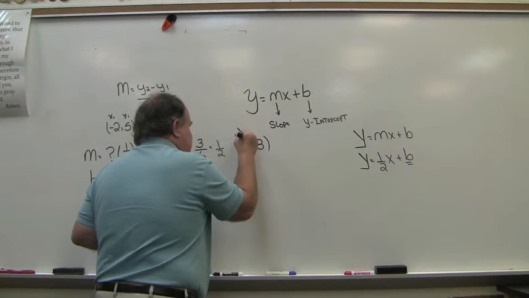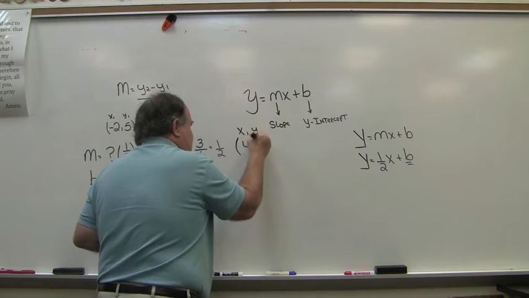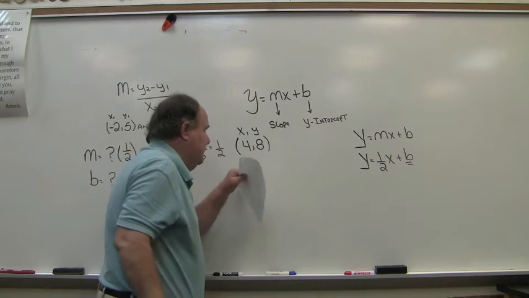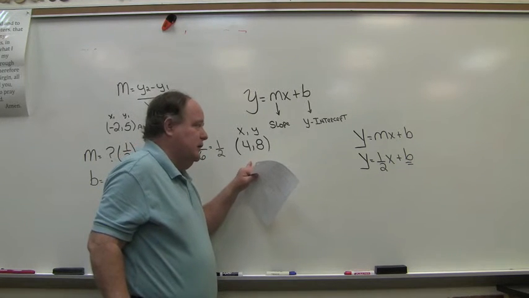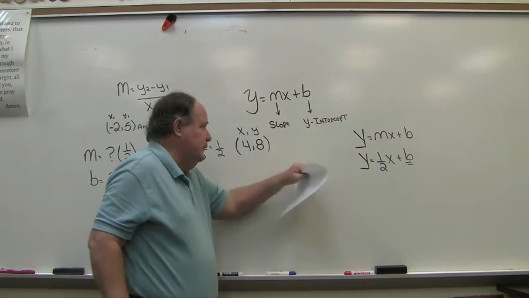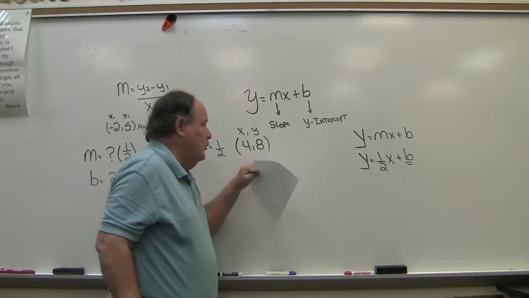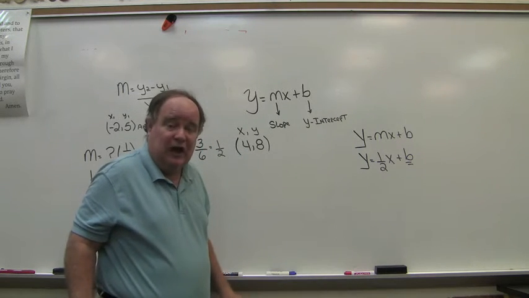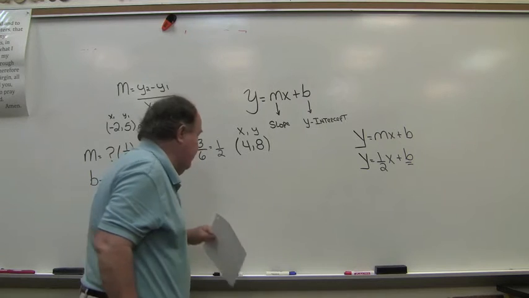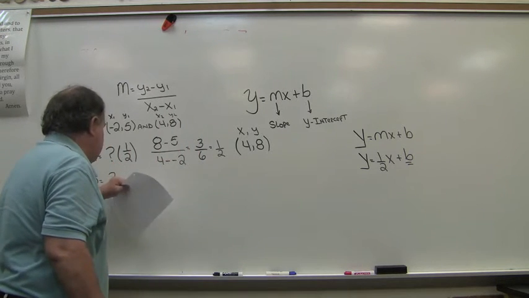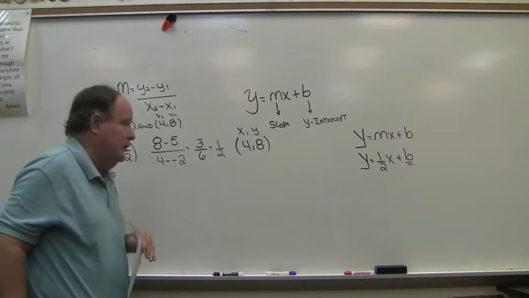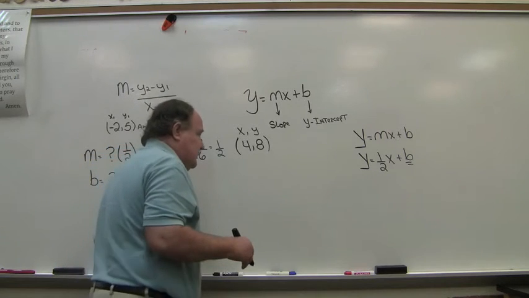Now remember, this is my x value, and this is my y value. And what I'm going to do is I'm going to take these values and plug 8 in for y and 4 in for x, and I'm going to solve for b. Once I solve for b, I'll have my slope and b, and I'll be able to write the equation of a line. Okay, let's look at this.